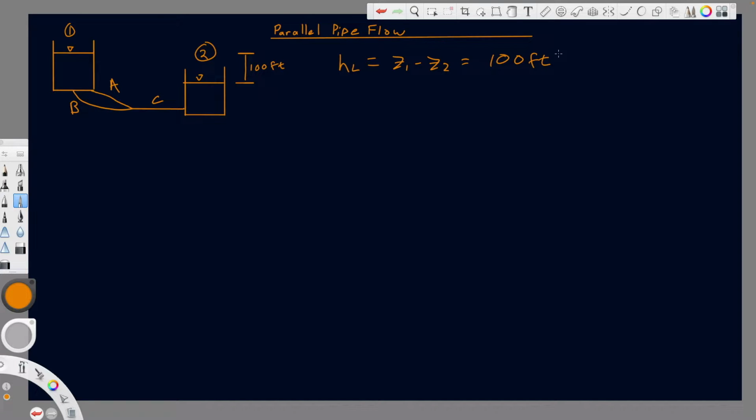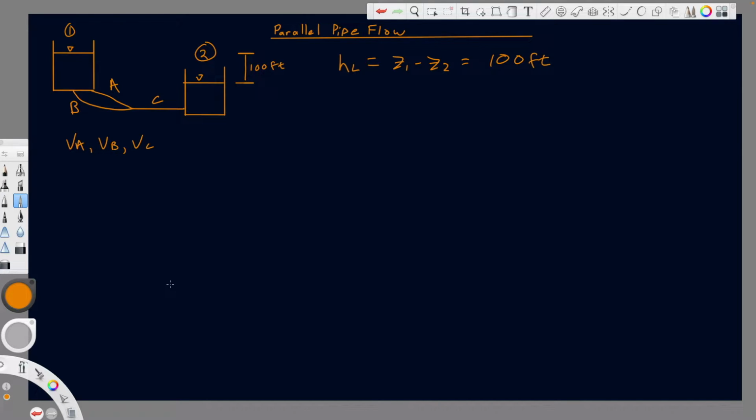Okay, so it's pretty easy to find the total head loss of the system, but what we are interested in is VA, VB, and VC: the velocity in pipe A, pipe B, and pipe C. If you know that, then you also know the flow rates in A, B, and C, and the total flow rate.